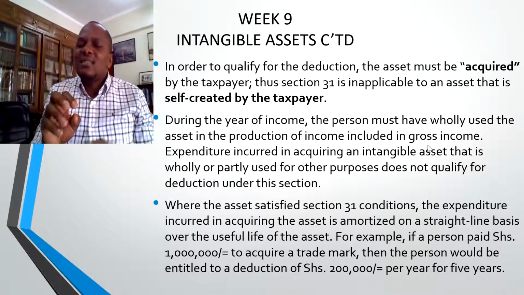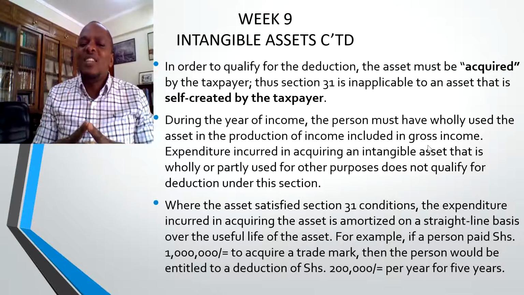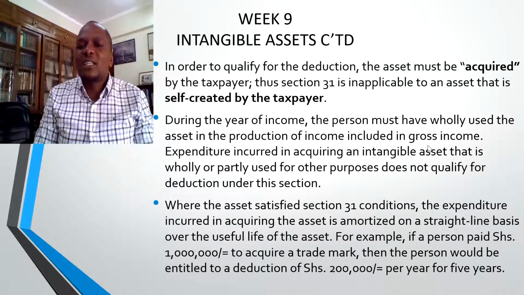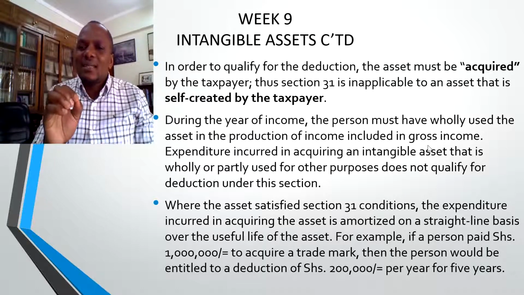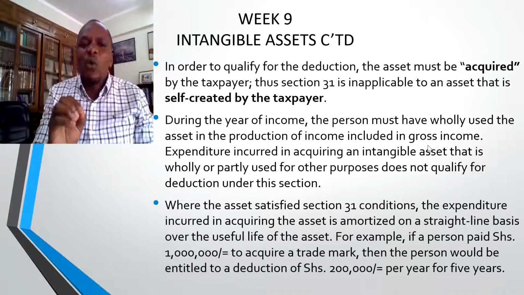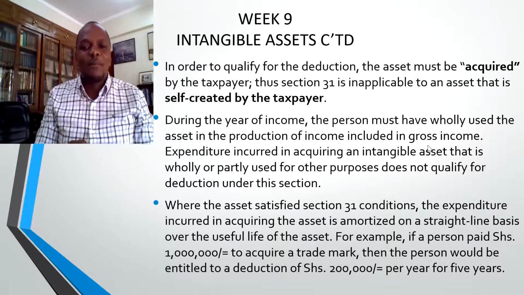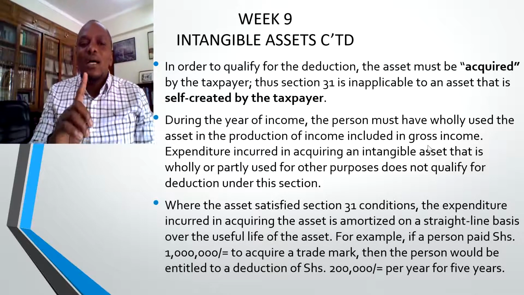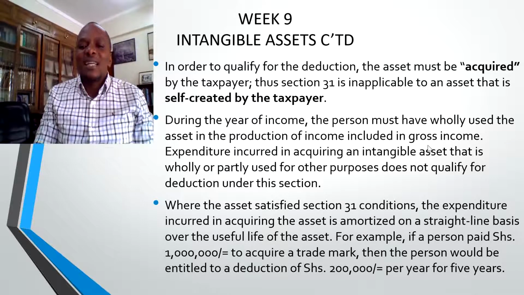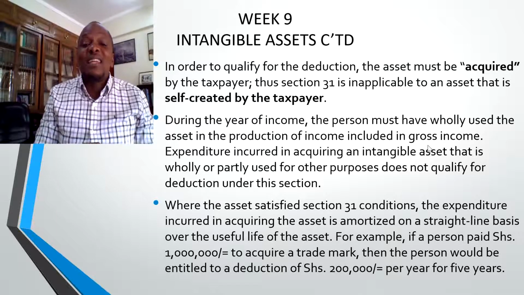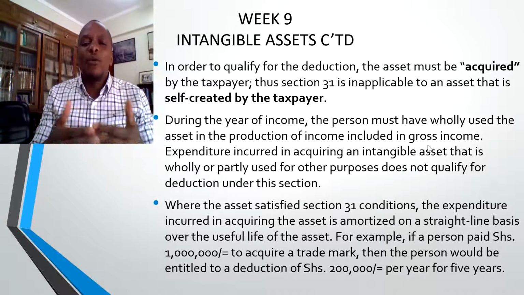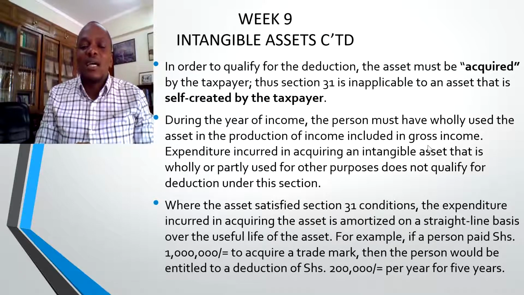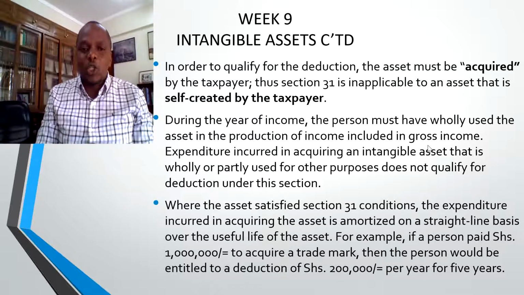So those are the key points you need to note under intangible assets. And again, to add on to that, please note that in order to qualify for a deduction under Section 31, the asset that you're looking at must be acquired by the taxpayer. So therefore, Section 31 cannot apply to a self-created asset by the taxpayer. If you came up with something, the asset, then that cannot be allowed as a deduction.